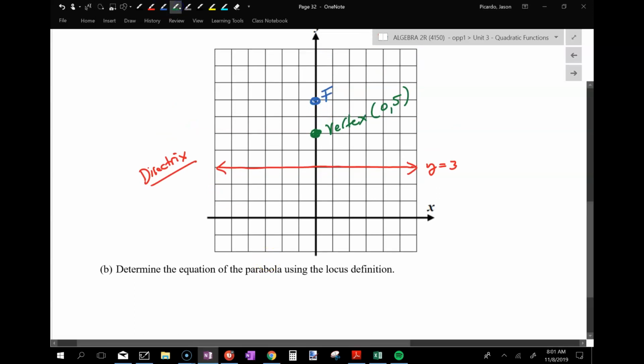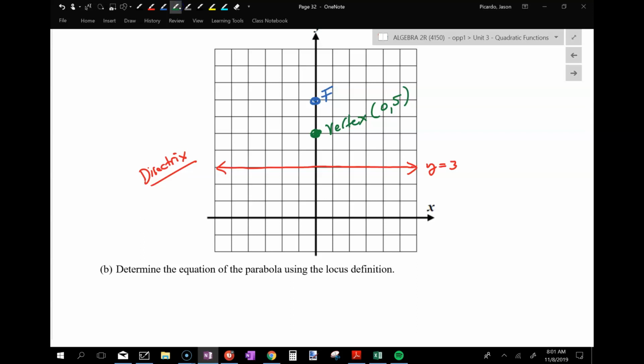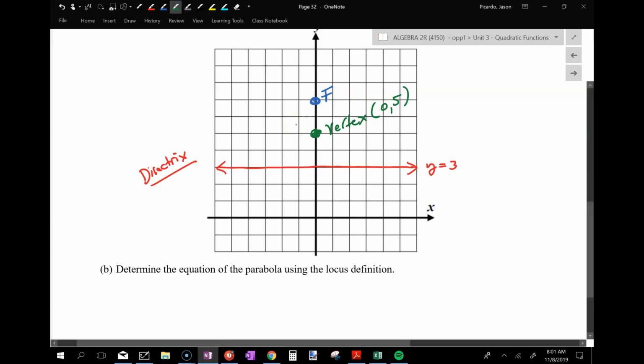Do you agree that there is some point on this parabola that I can call xy? All right. So there is some point called xy. Do I know what that point is or where it is? Not really. I'm just going to randomly place a point maybe here.